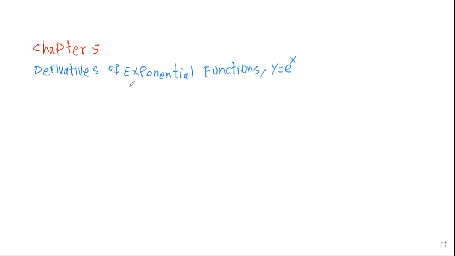For example, how can we find this derivative? Makes sense. If you remember, what was the formula for derivative? F prime x, limit, f(x).